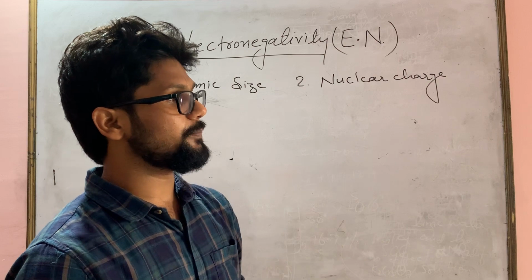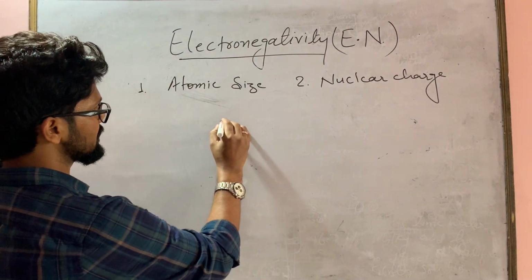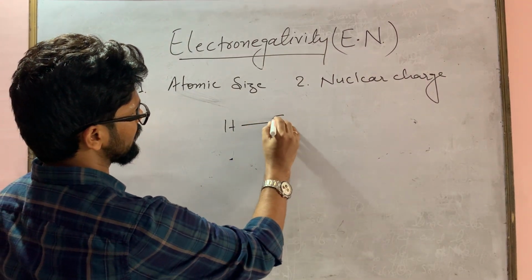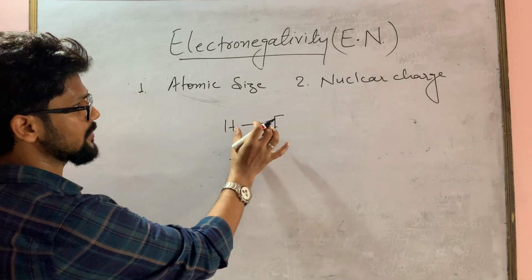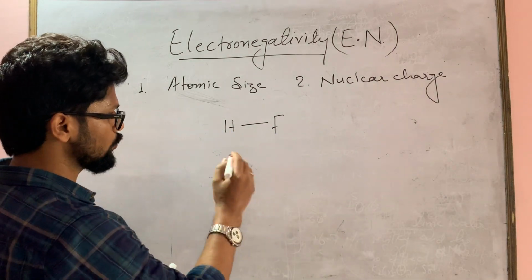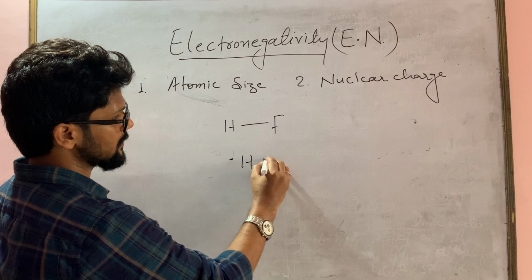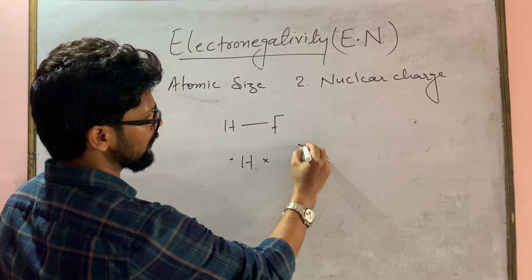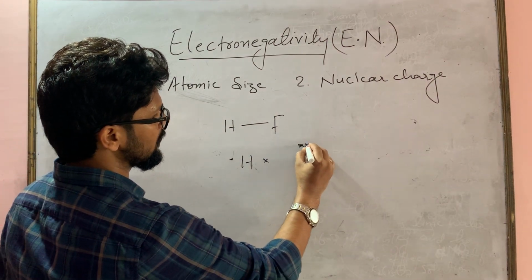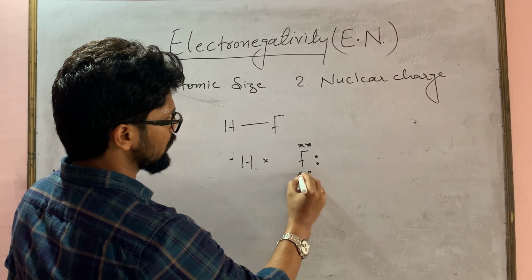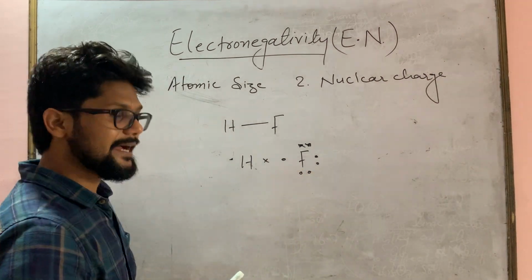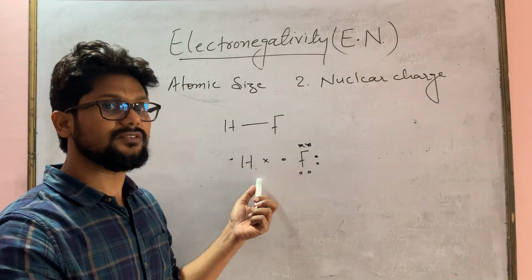If you take the example of H and F, there is a bond that is called a single covalent bond. You know that hydrogen has 1 valence electron and fluorine has 7. Fluorine wants to achieve an octet structure, and hydrogen wants to achieve a duplet structure.